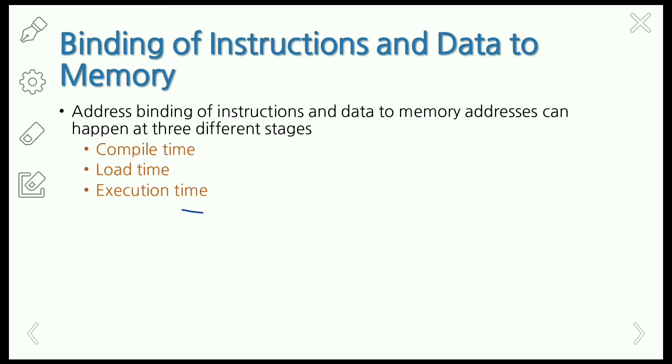Here the routines are loaded from the disk to the main memory whenever they are called, right? So it is not loaded before running. Whenever the program is running, the routines are directly loaded from the disk to the main memory.